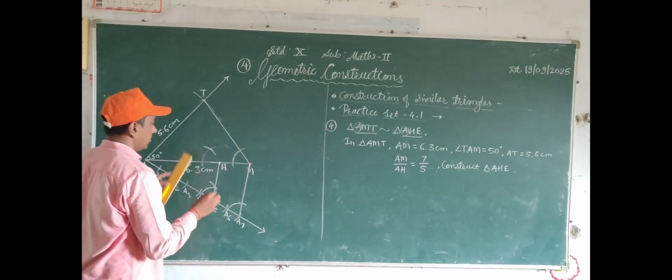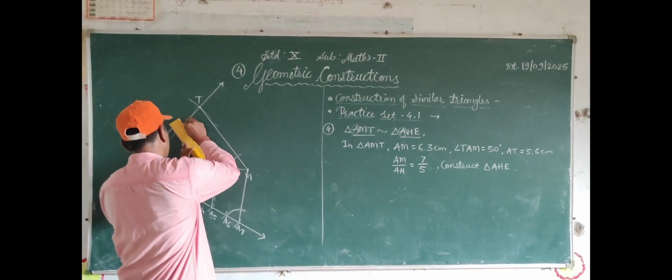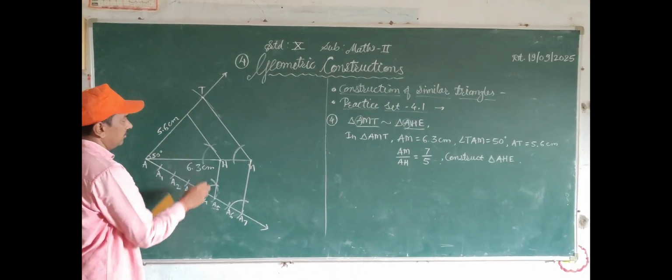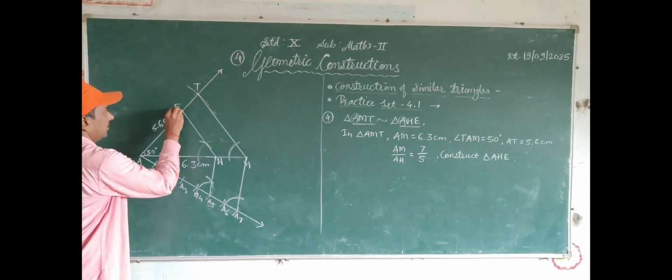Draw a segment passing through point H and this new point, which is parallel to TM. We get this new point, that is point E.